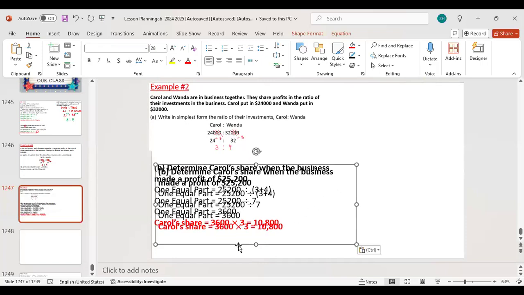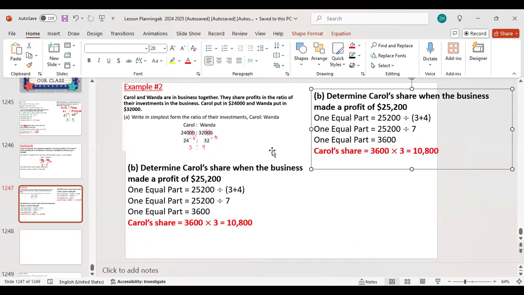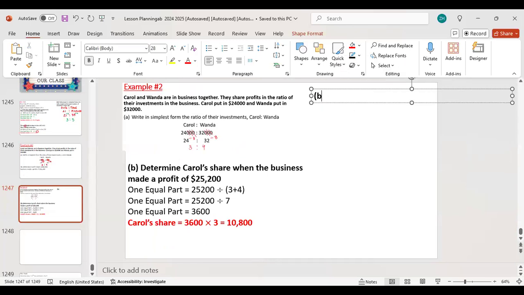So next part of the question says, if it's part C: If Wanda's share of the profit was 7,664, calculate the total profit made that year. Ooh, this is a tough one.